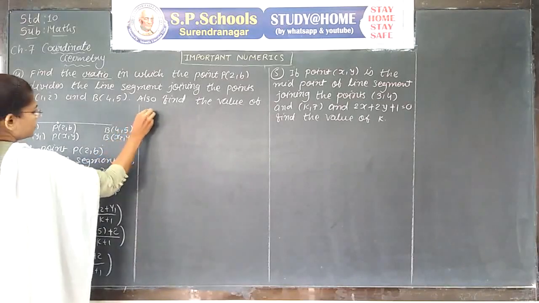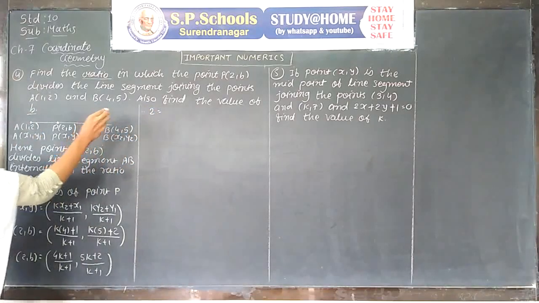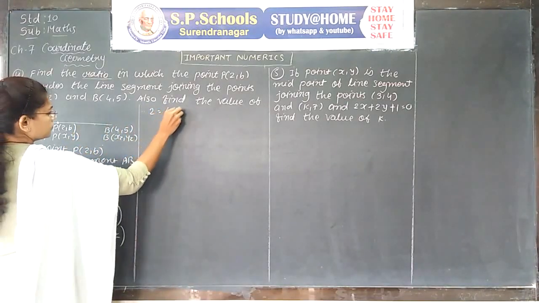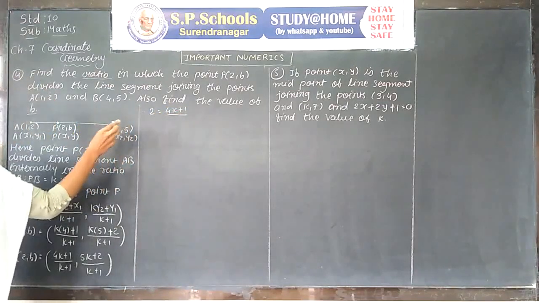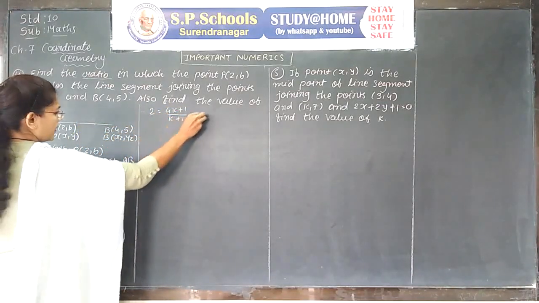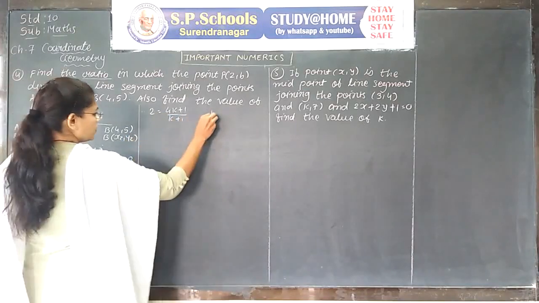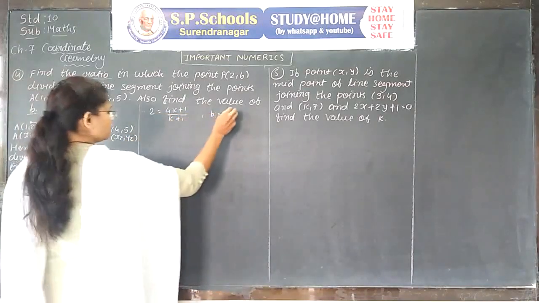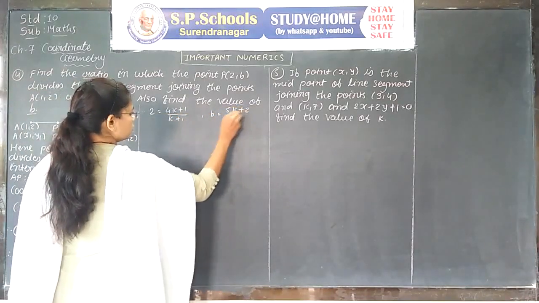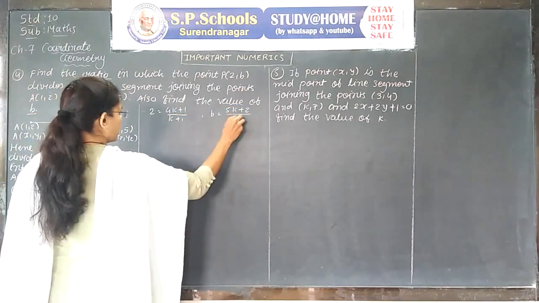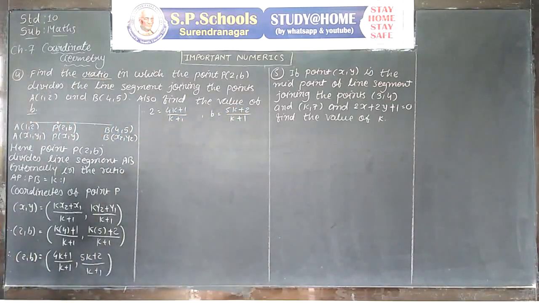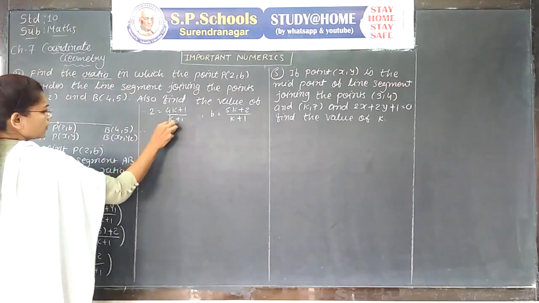And we get 2 is equal to (4k + 1)/(k + 1) and b is equal to (5k + 2)/(k + 1).